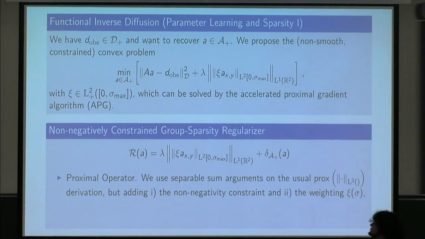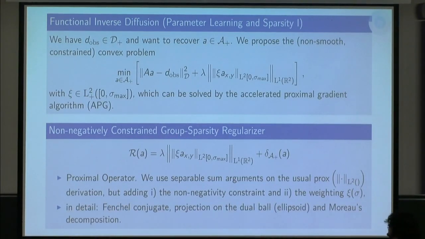So to prove it ourselves, we followed the same path as the usual derivation of the prox of a norm: we went to the differential conjugate, and that led us to the dual norm with an inverted weighting. Then we had to project on the dual ellipsoid, and through Moreau decomposition finish the proof.